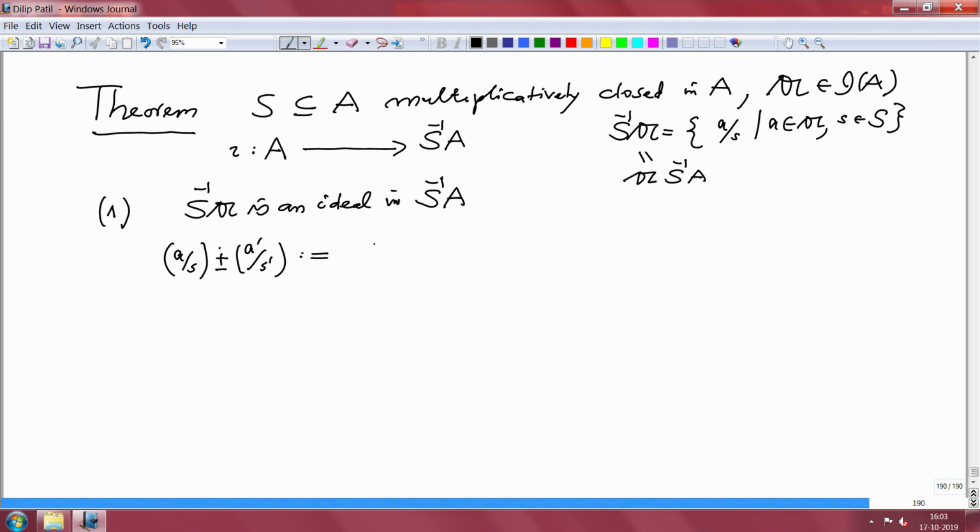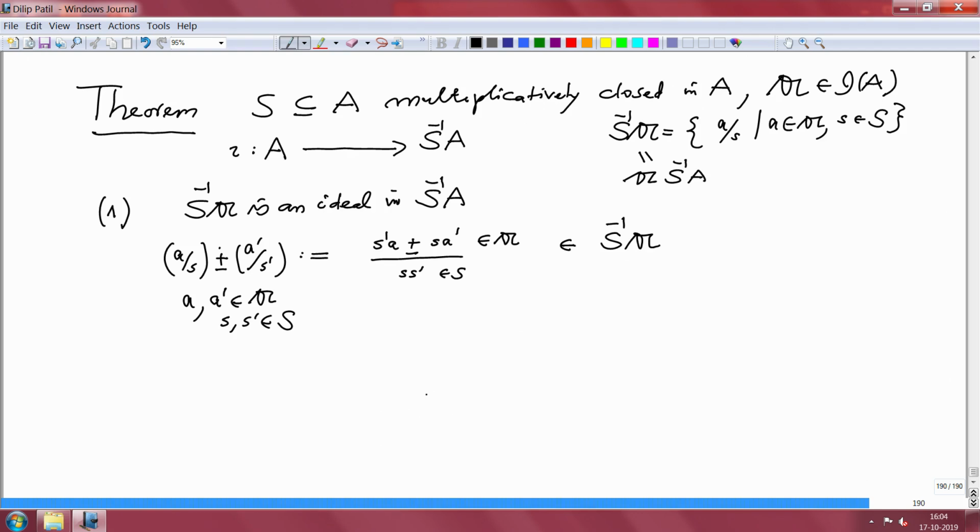This by definition is S prime A plus minus S A prime divided by S S prime. But small a and small a prime are in this Gothic A, which is an ideal, and S, S prime are arbitrary elements of S. Then this numerator is always in Gothic A, because this is in A and this is in S. Therefore, this is again an element in S inverse Gothic A.